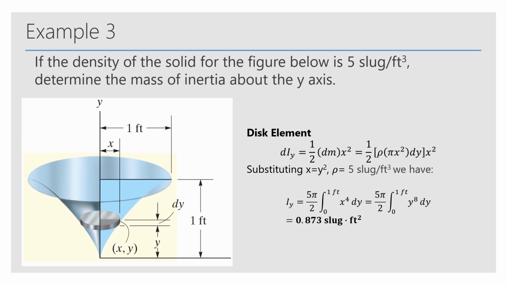For solving this, when we plug in the initial equation we were given and the density, we find that the mass moment of inertia about the y-axis is equal to 0.873 slugs times feet squared.